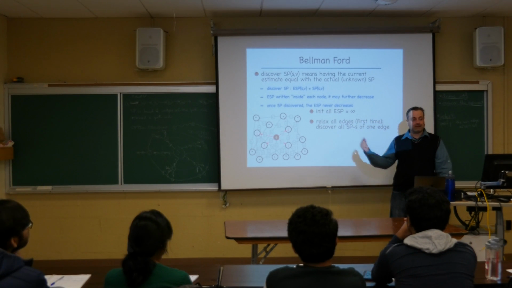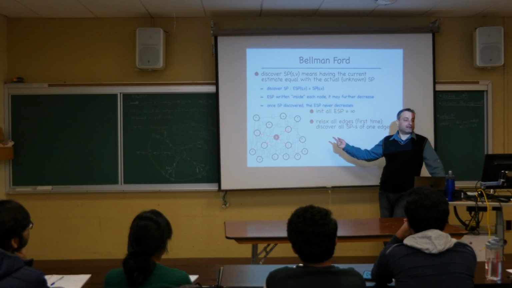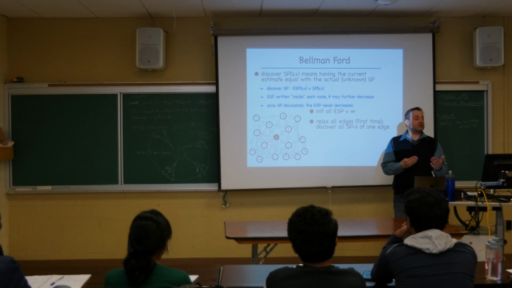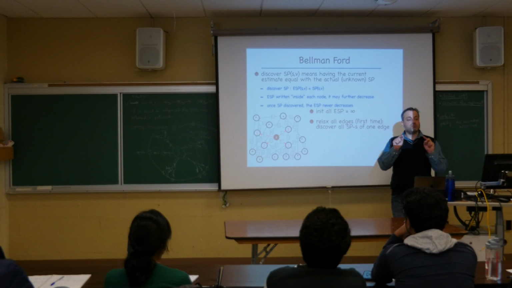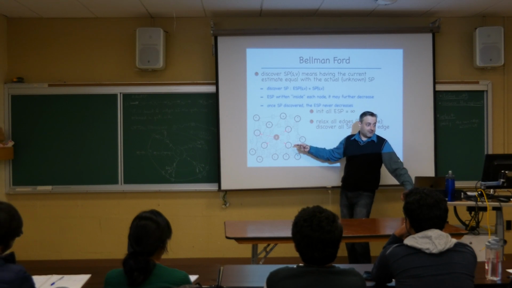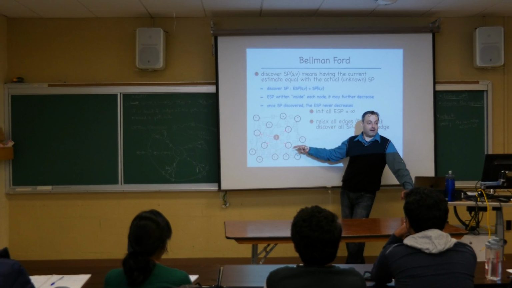The algorithm internally wouldn't know they're part of the shortest path until the very end. So the algorithm keeps updating. It doesn't know if I found the shortest path or not. The red is just me putting the red edges. But the algorithm doesn't know these are the shortest path. As far as the algorithm knows, there might be a better way to get there.